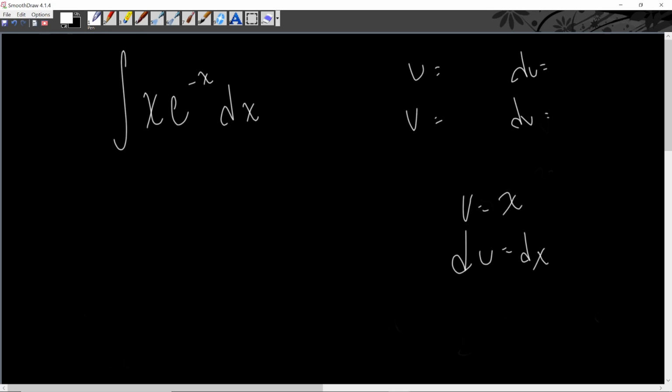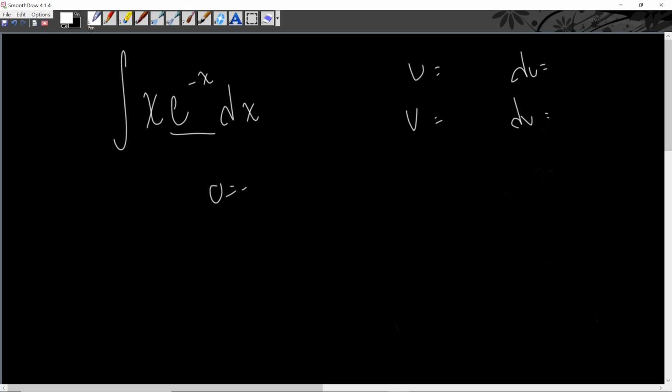And so when we do v du, regardless of how complex v might be, since du is only dx, we don't need to alter v too much to get a more normal looking integral. So even though I know that e to the negative x dx isn't super easy to integrate, it's probably going to be a lot simpler to do v du, because again, let's just do this real quick.